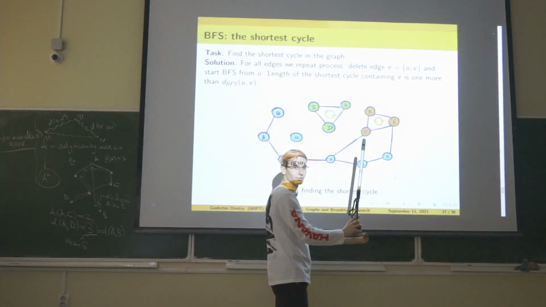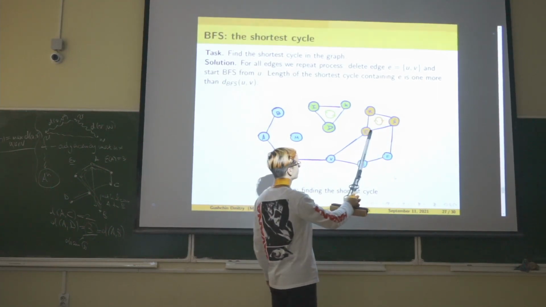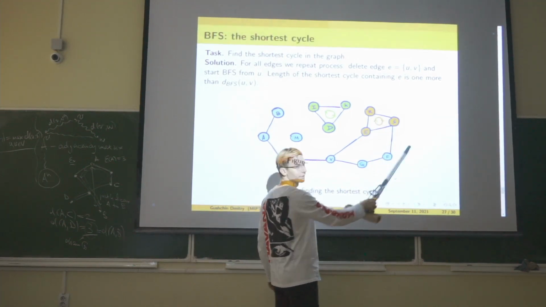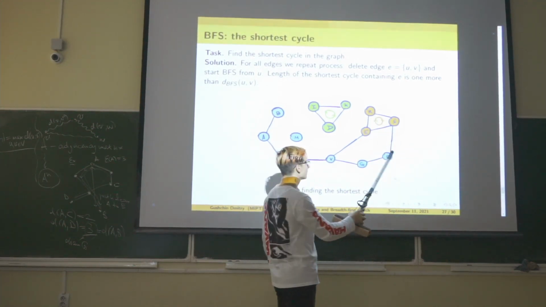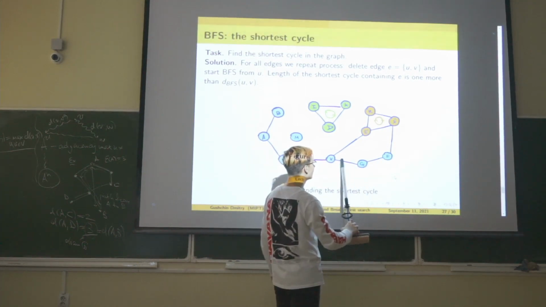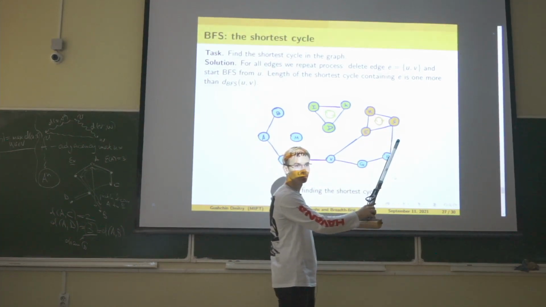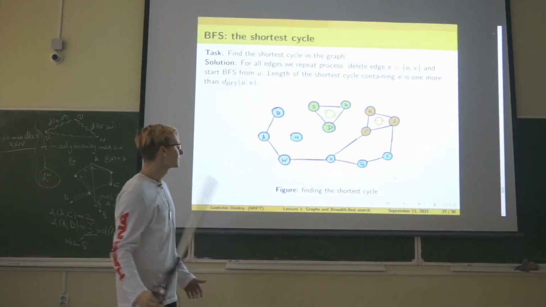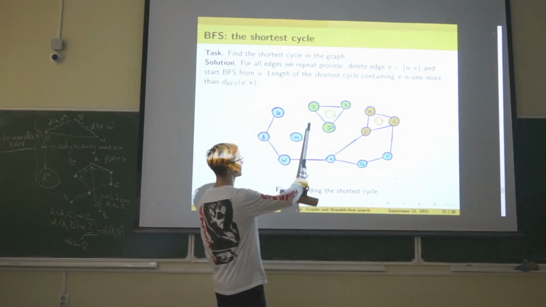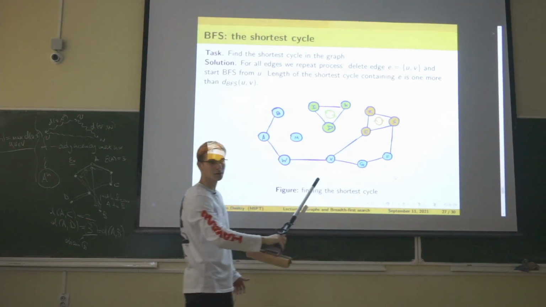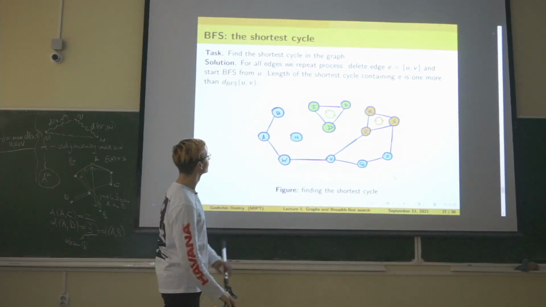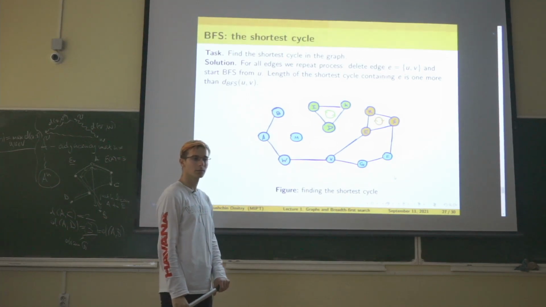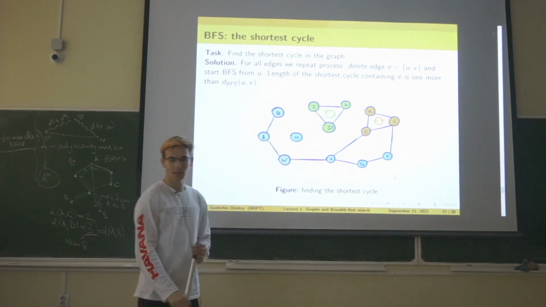Okay? So for all edges, we remove it and see what the distance between endpoints of this edge is by breadth first search. Okay? And then we compare these numbers for all edges and find the smallest. Okay? Understandable? Yeah. Nice.